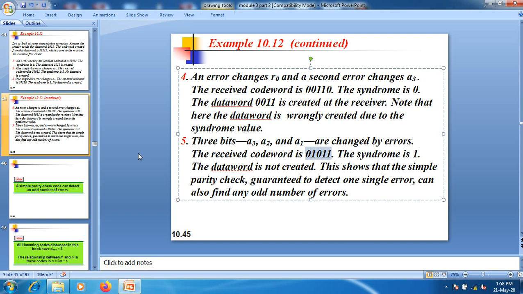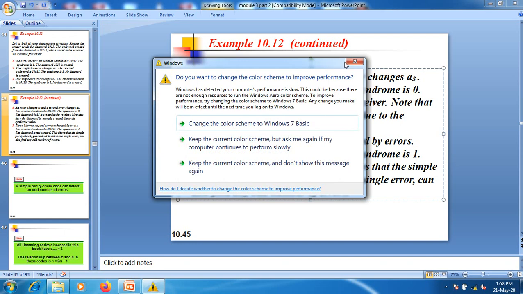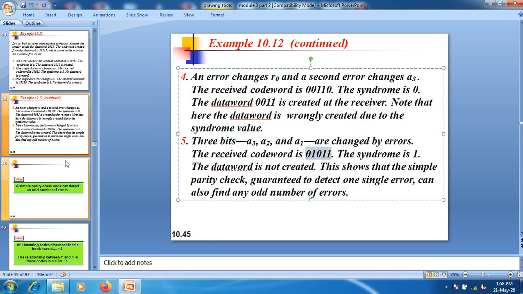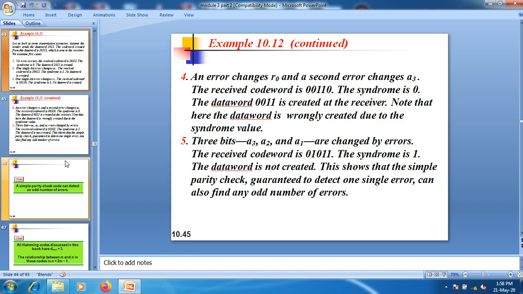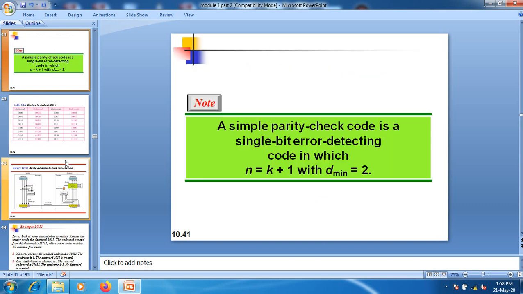If you look at all these scenarios, we can simply say that the simple parity check code we have detects only an odd number of errors. According to the definition, the simple parity check has the smallest Hamming distance.